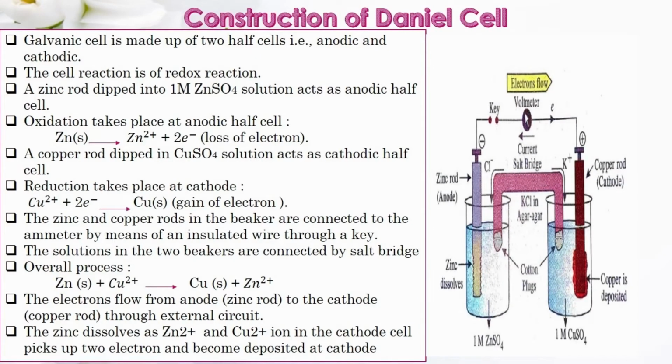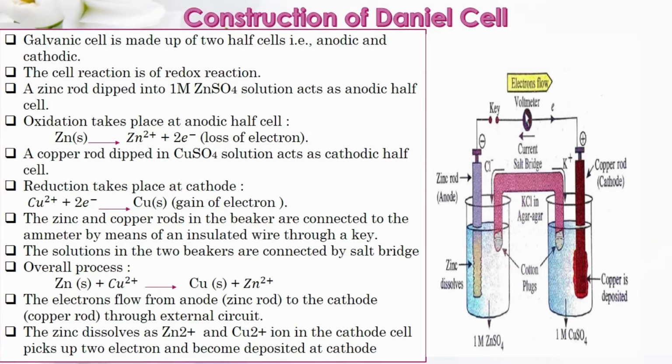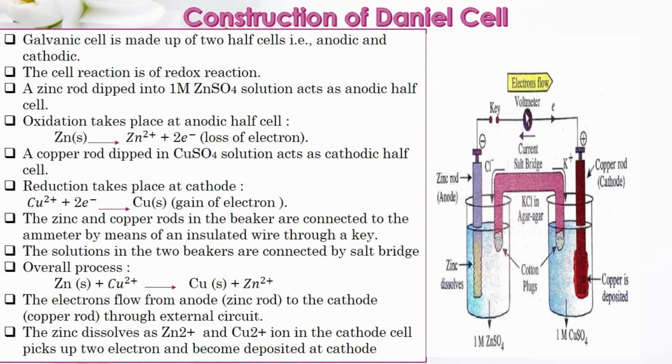Now let's see in detail the construction of the Daniell cell. The Daniell cell consists of two beakers. In one beaker, 1 M zinc sulfate solution is taken and a zinc rod is dipped in it.